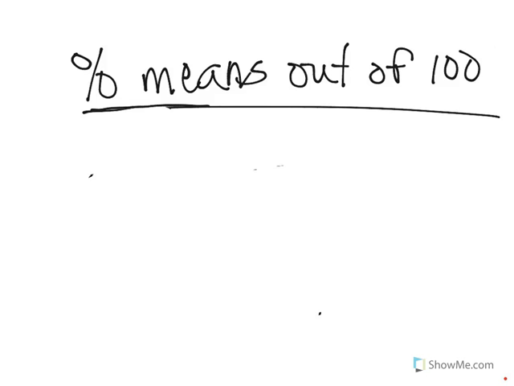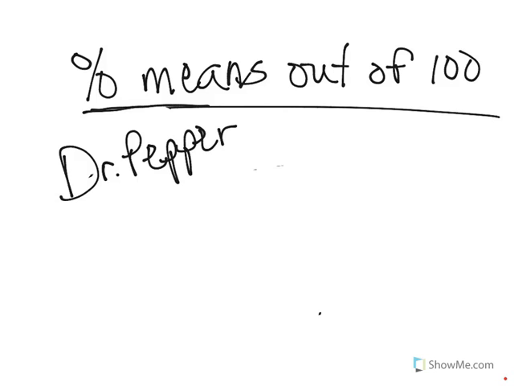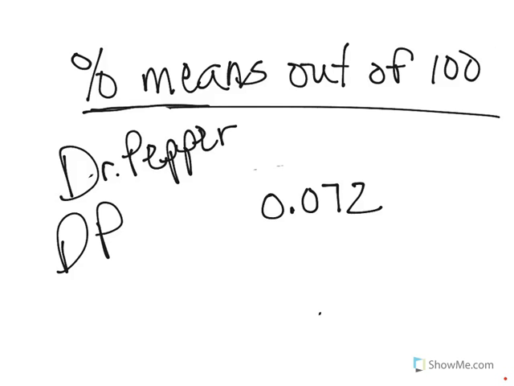Another little trick I show my students is Dr. Pepper, a soft drink. Who doesn't like the soft drink? So DP. I'm going from a decimal, and if I wanted to know the percent, I can go 2 places to the right.